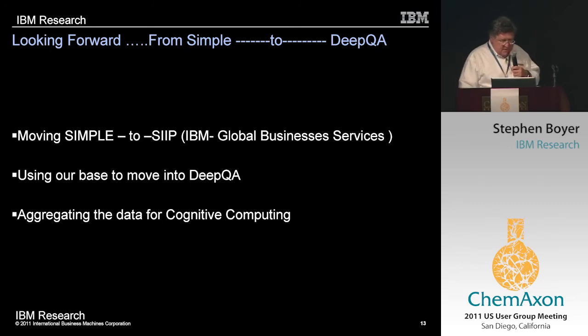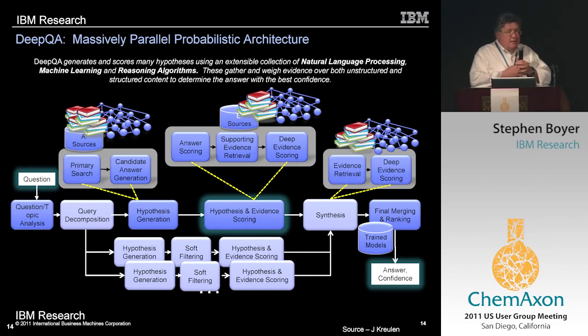Where are we going? You may have heard that this past year, IBM had something called Jeopardy on TV, where in the past we did Big Blue, the Blue Gene won the chess tournament, and then more recently we did Jeopardy with the Watson computer.